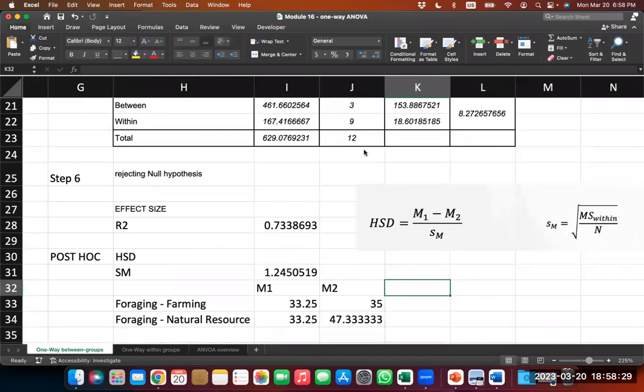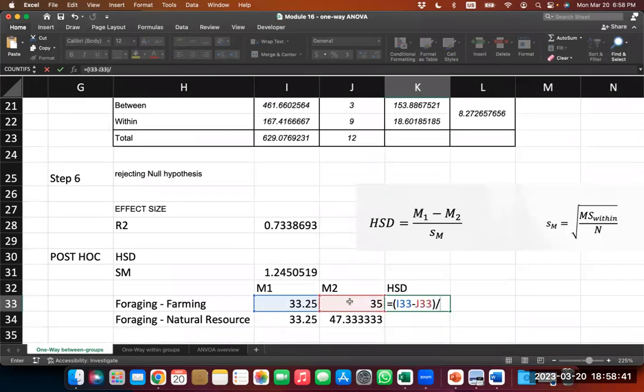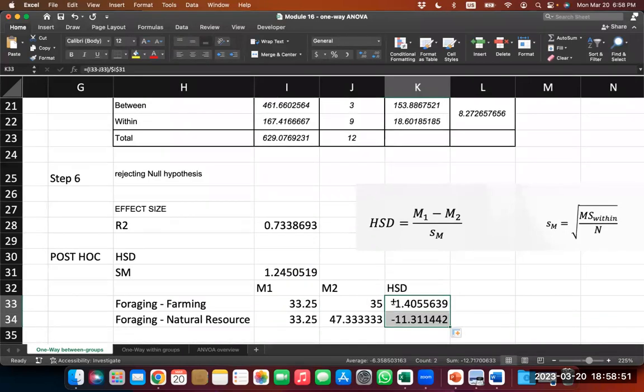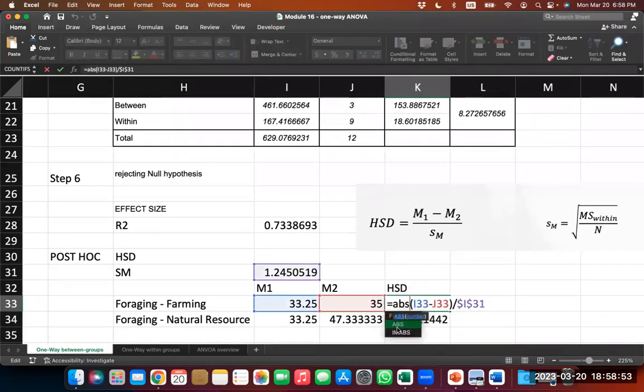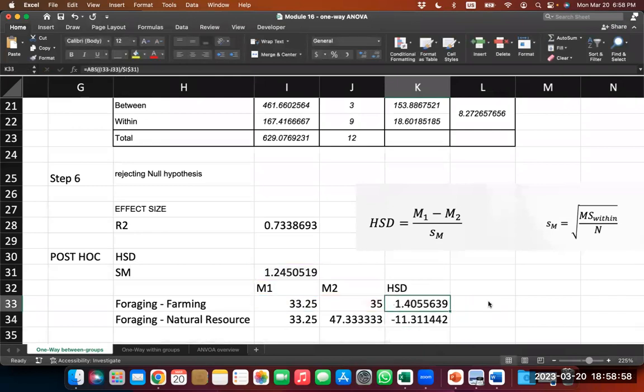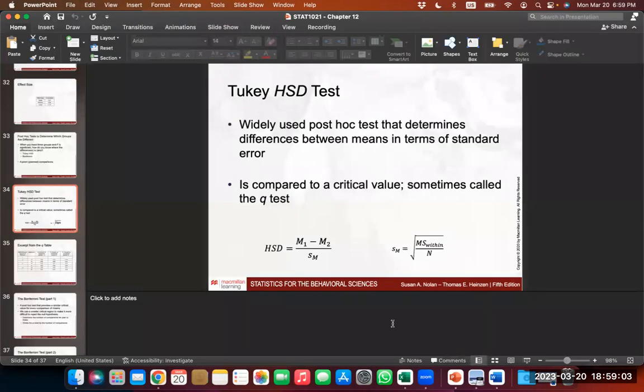So now if we want to calculate HSD, it's basically M1 minus M2 divided by our SM. So minus 1.4. So these are obviously, you can set absolute. They basically have 1.4 and 11.3.